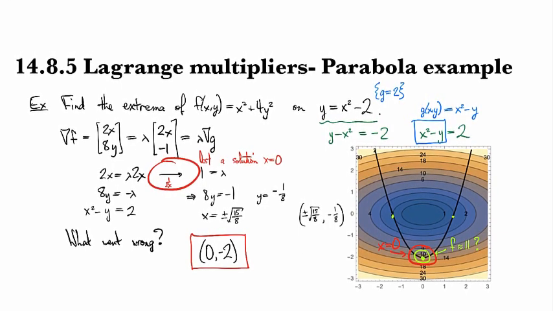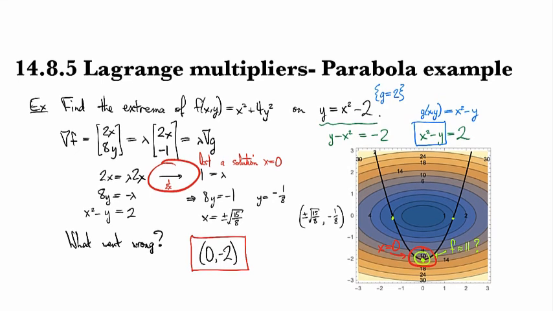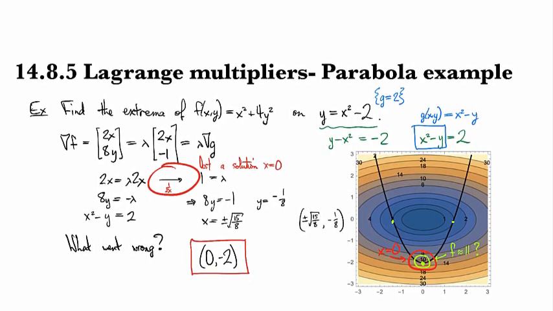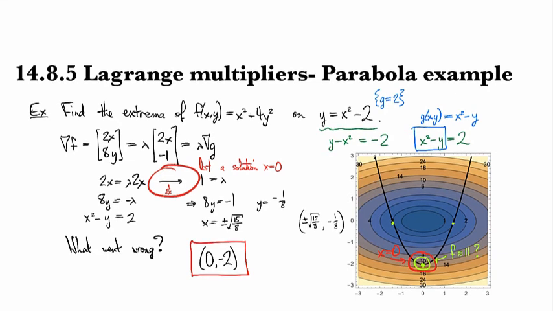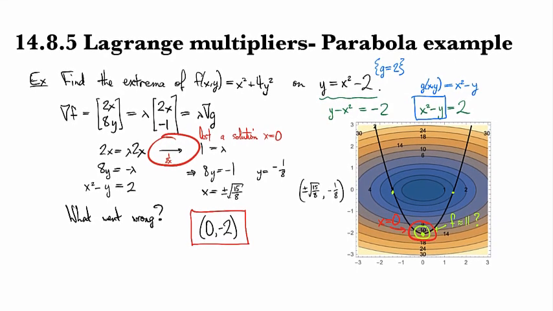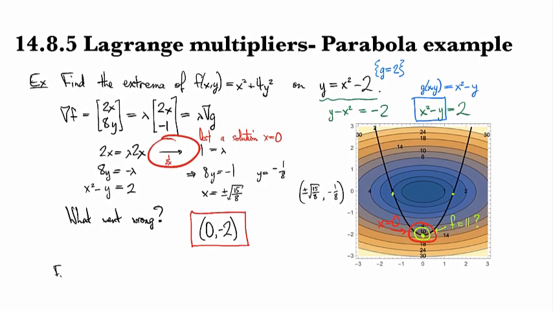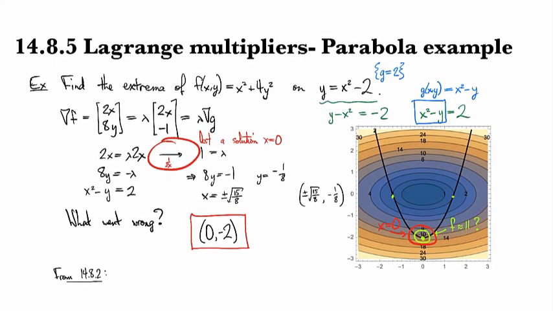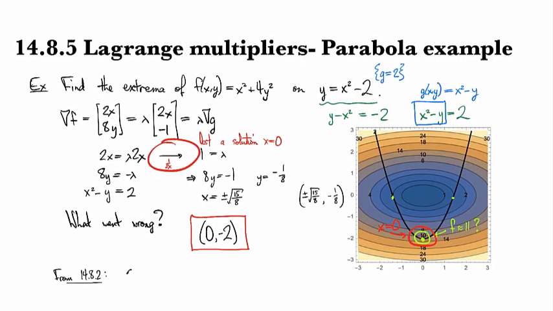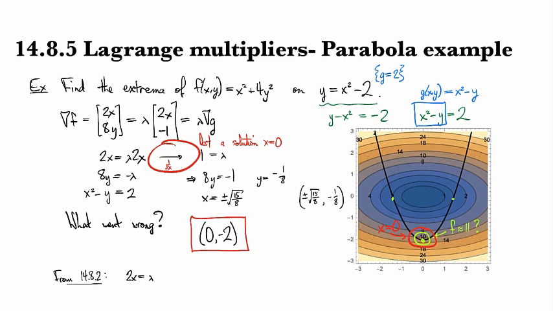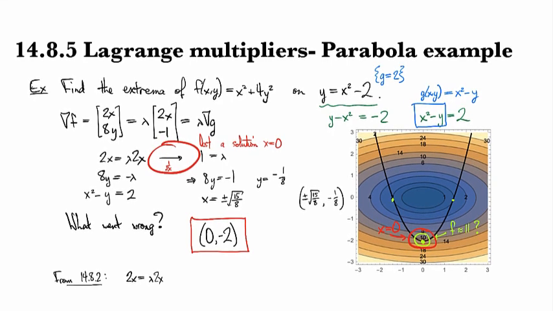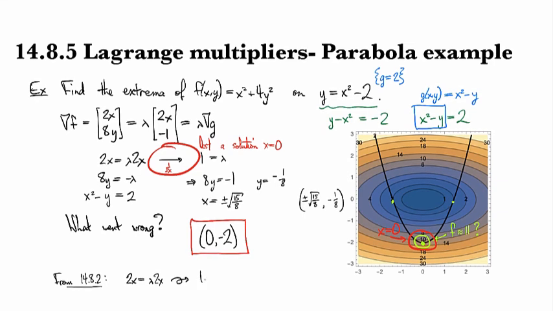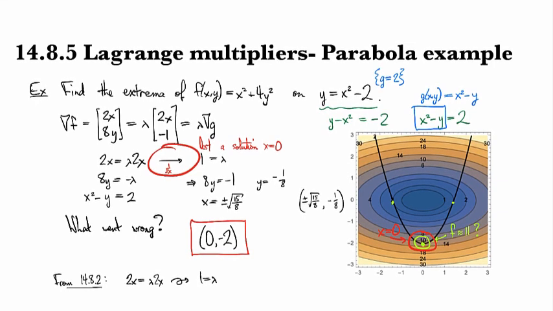And actually, if you go back to the first clip that I did for 14.8, from 14.8.2, you will notice that when we had the equation 2x equals lambda 2x, I did not solve this as 1 minus lambda by canceling.